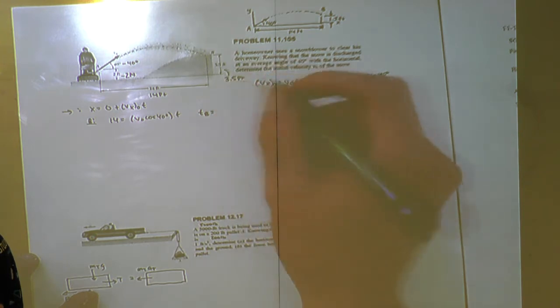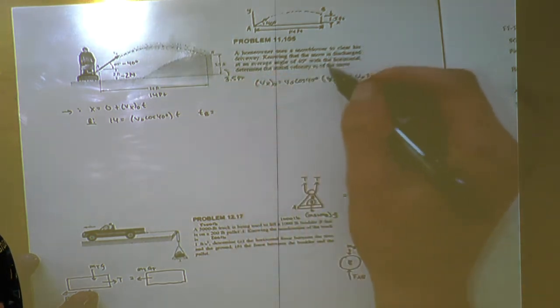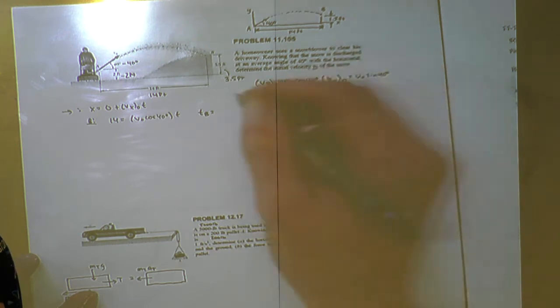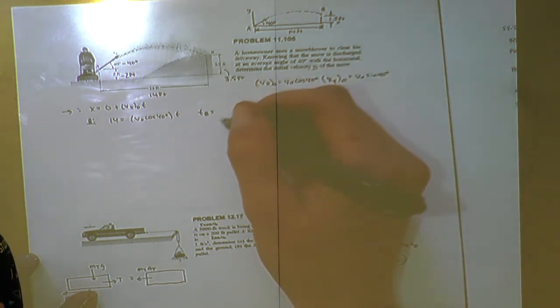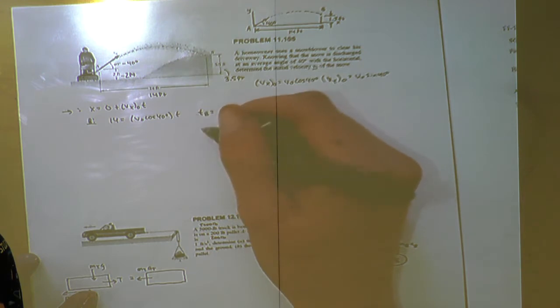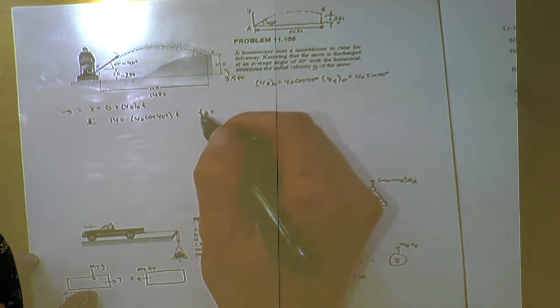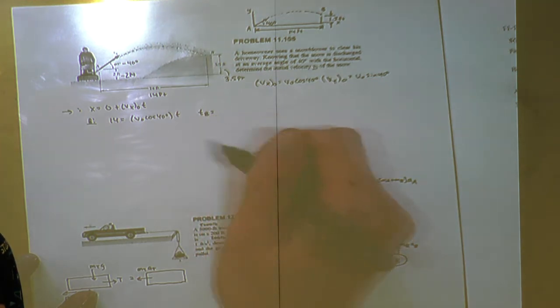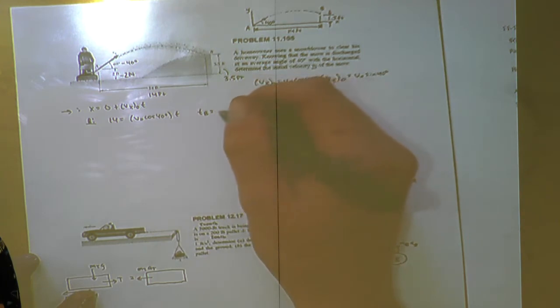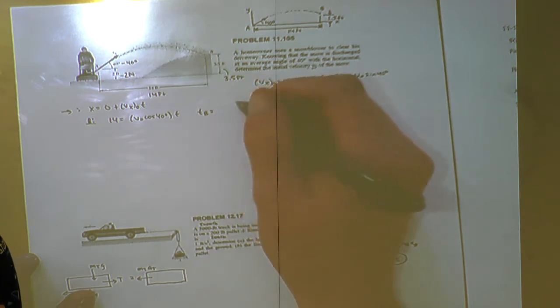Our question is looking for the initial velocity. So we're going to find two equations, and we're going to have the TB that we're going to plug into this vertical motion to solve for the VO.